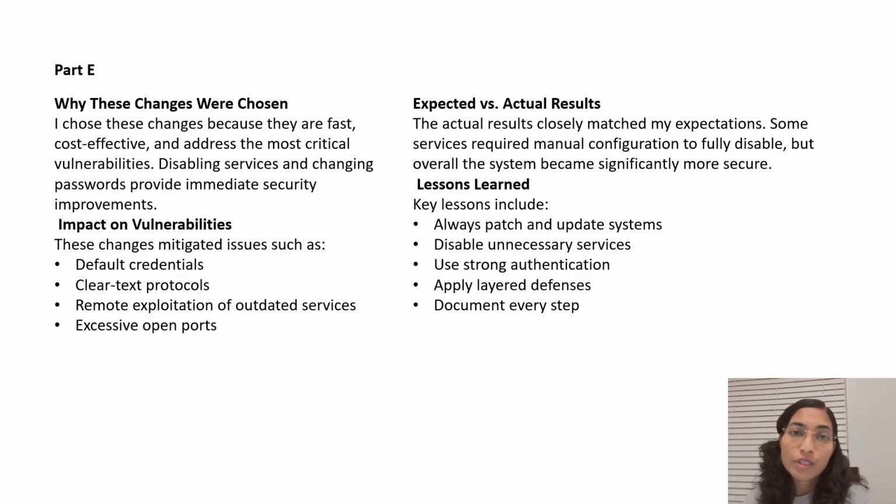Shutting down outdated and vulnerable services reduced the risk of remote exploitation, especially for services like distccd. Finally, reducing the number of open ports limited the system's exposure and made it significantly harder for an attacker to find an exploitable entry point. Overall, these targeted fixes deliver strong security improvements with minimal effort.